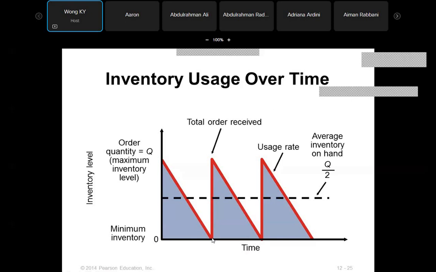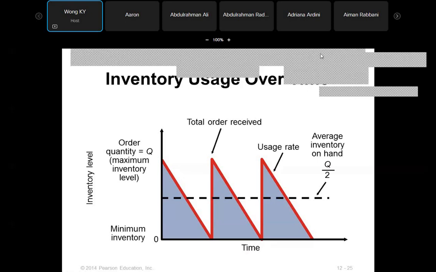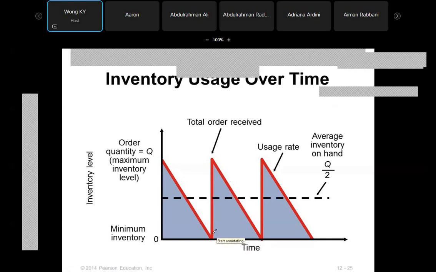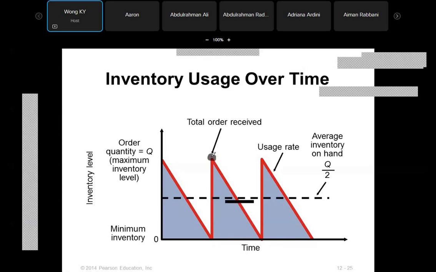When it reaches 0, we assume the inventory level will be straight away replenished and topped up back to the original quantity, Q. This is the moment where the order is received.